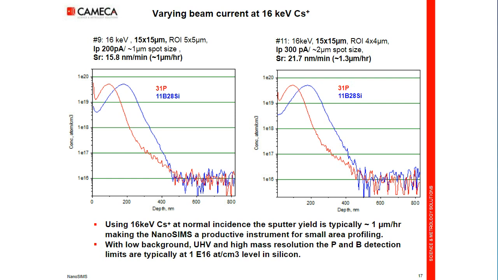So no problem, for example, with Si30H against phosphorus 31. We remove this interference while keeping a good transmission. And hence, detection limits are in the 1e16 atom per cubic centimeter in these conditions.